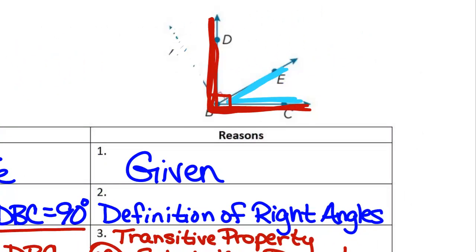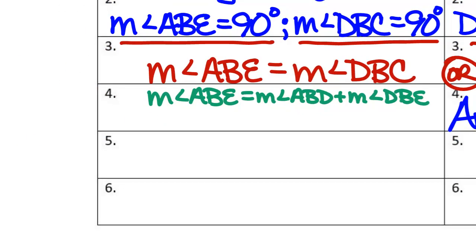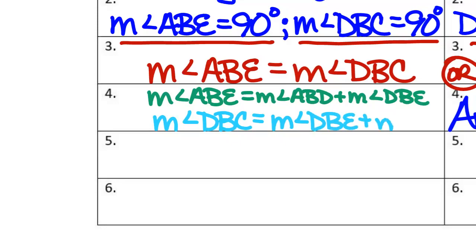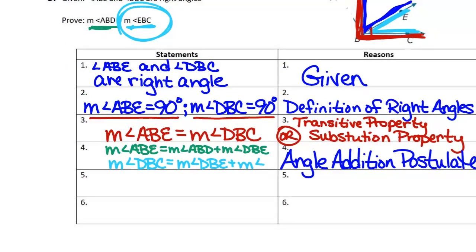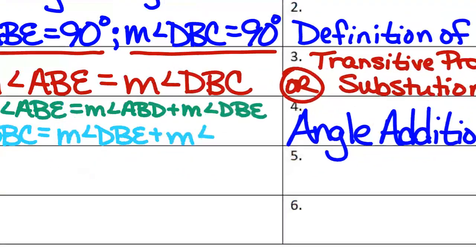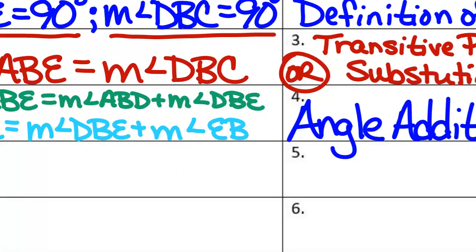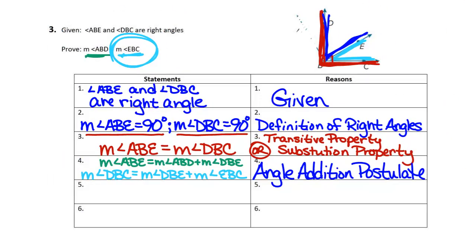What two angles would I put together to get that red one, DBC? DBE and EBC. So the measurement of angle DBC is equal to the measurement of angle DBE plus the measurement of angle EBC. Same reason, that's my angle addition postulate.